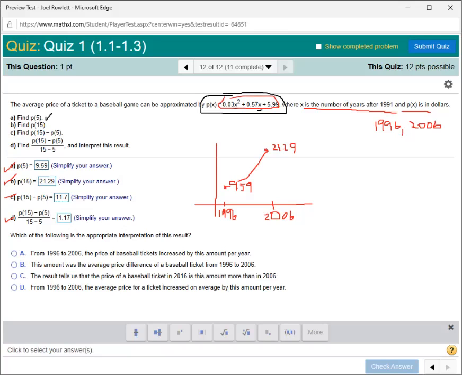Well, the 15 minus 5 is going to be the difference in the years, right? There's a 10-year difference between 2006 and 1996. And then we know that P of 15 minus P of 5 is actually going to be this drop here.